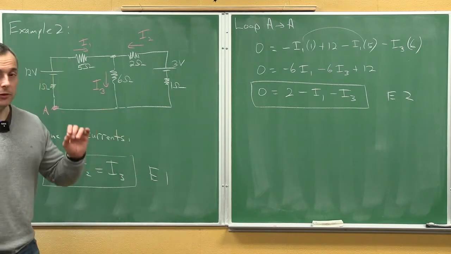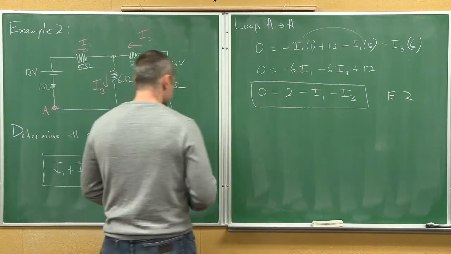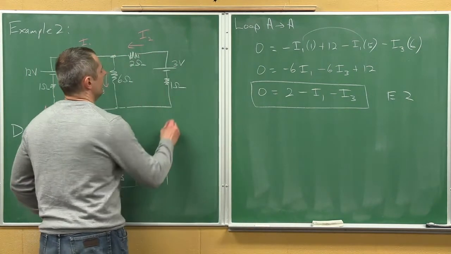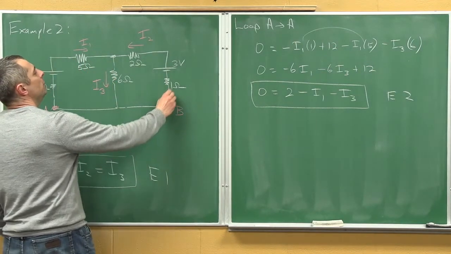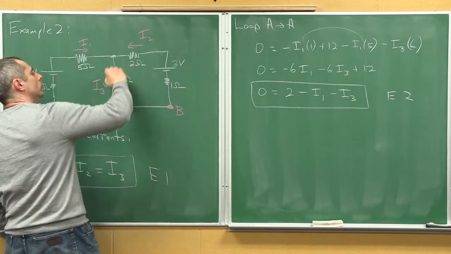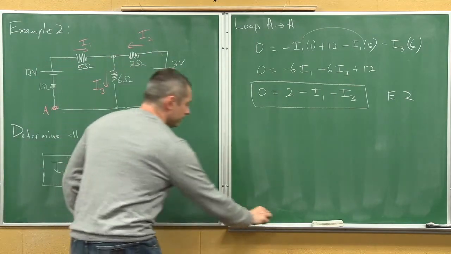So what I need is I'm going to make a third equation. I'm going to take another ant, and I'm going to say, ant, you start on point B and sum around this loop all the voltages you encounter.